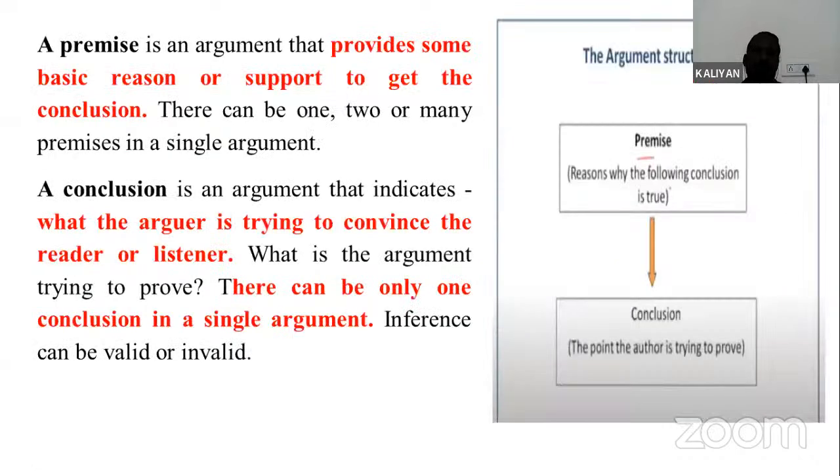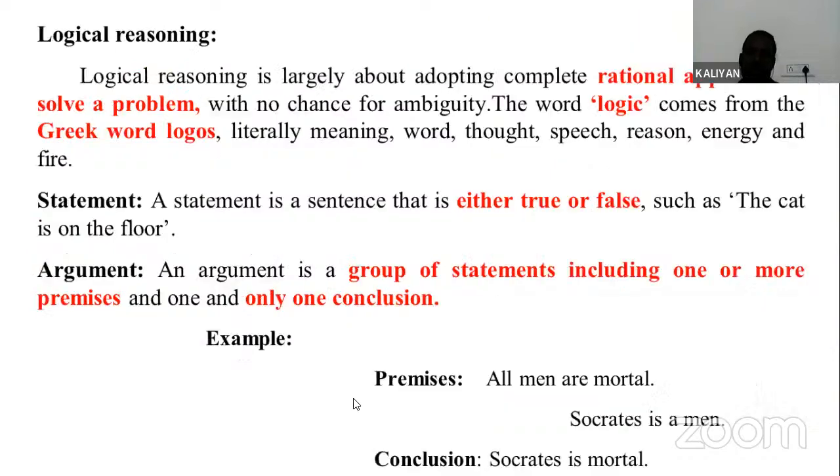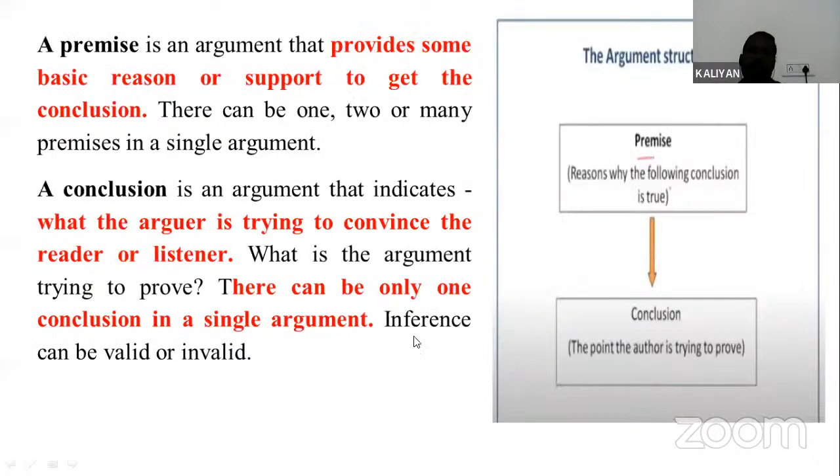Premises are the part of the argument that provides the basic reason or support for the conclusion. In that example, Socrates is mortal. For this conclusion, we need some statements, and those are the premises. These statements prove the conclusion. The conclusion is what the arguer or author is trying to convince the reader or listener of.